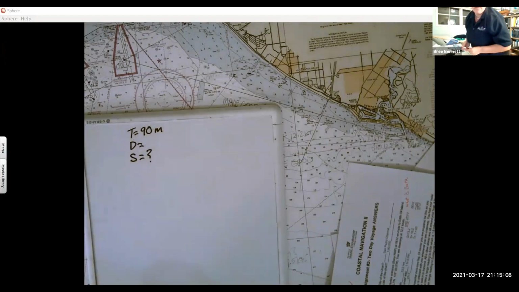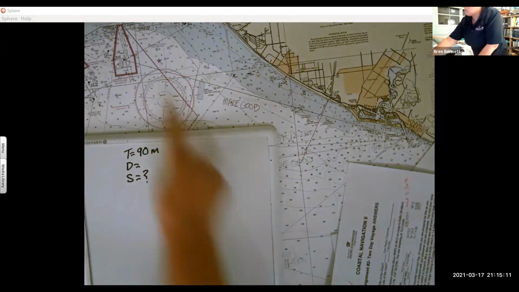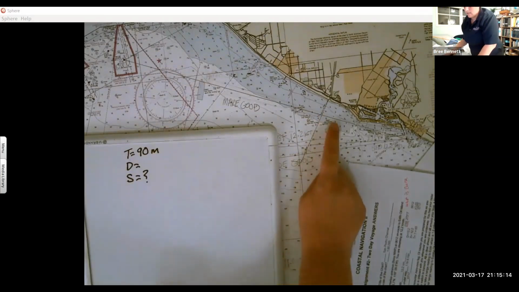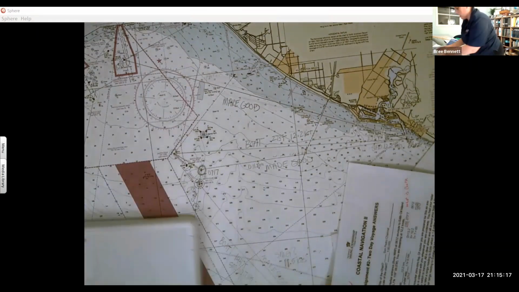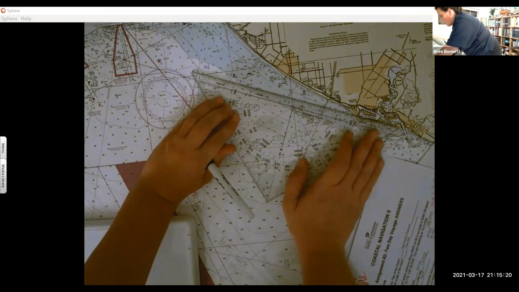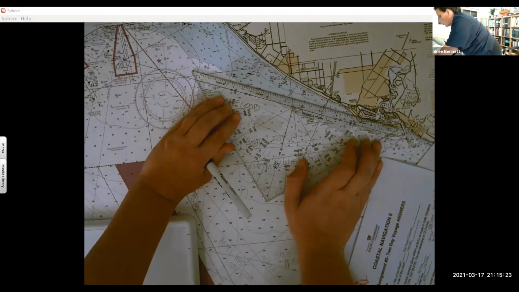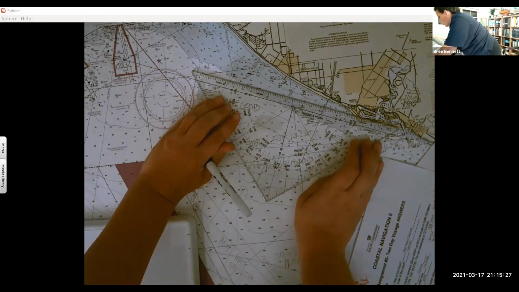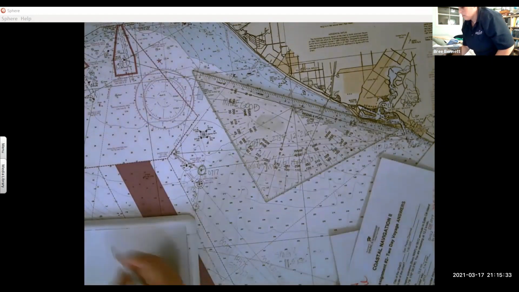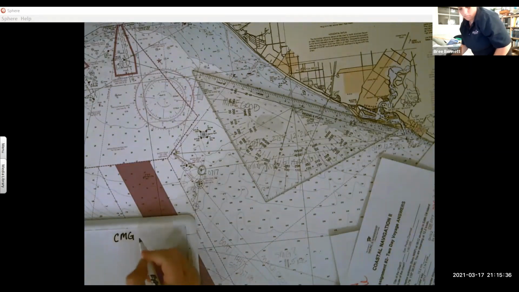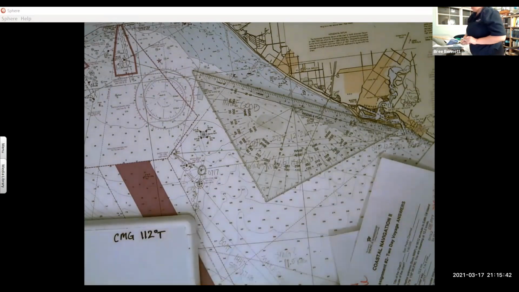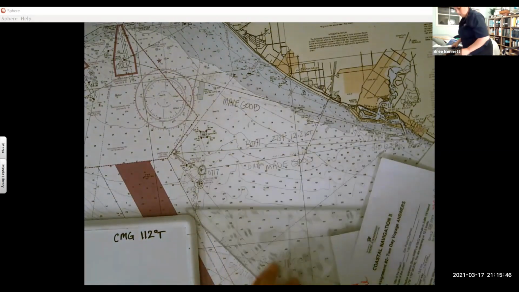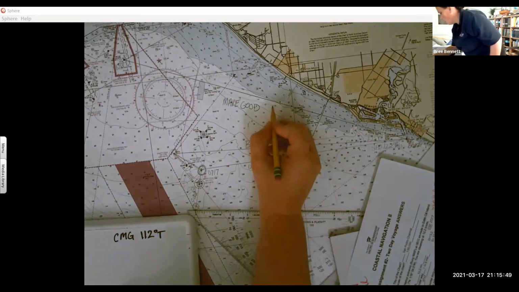I want to see what the distance and the course of this made good line is. Write that in: 112 degrees true.